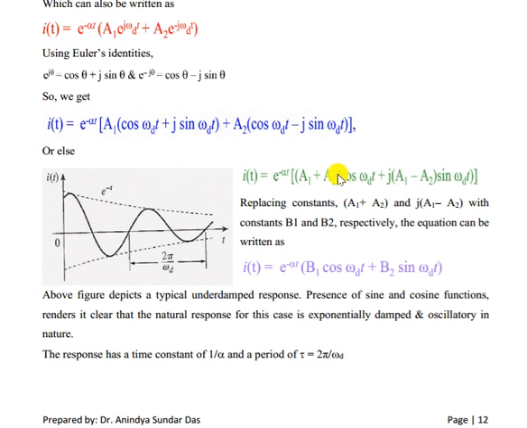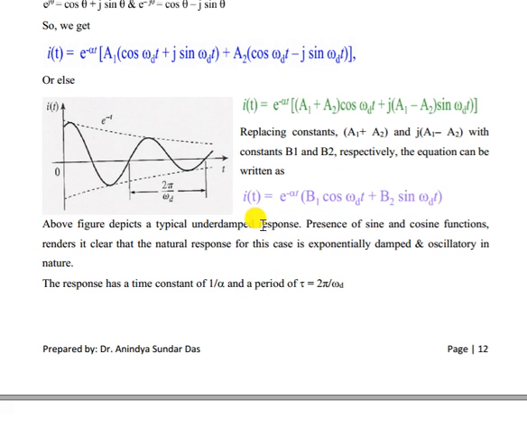After putting it in, we take the cos term as a common factor, so A1 plus A2, and the sin term as a common factor, so we have j times A1 minus A2. Now we can call these common factors B1 and B2. So the response is e to the power minus alpha t times B1 cosine of omega dt plus B2 sine of omega dt.